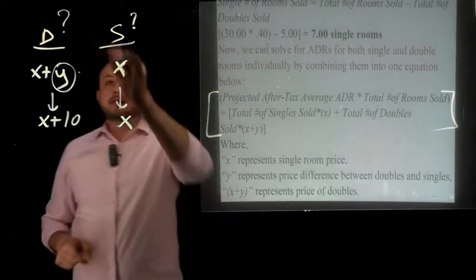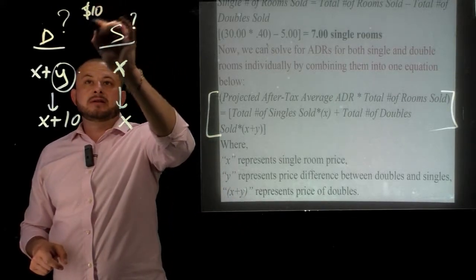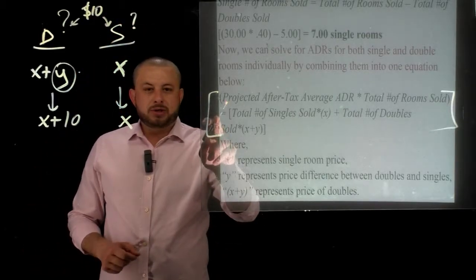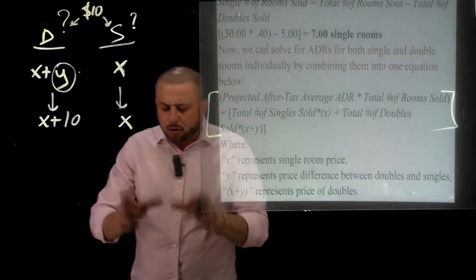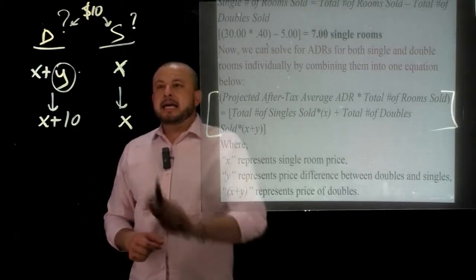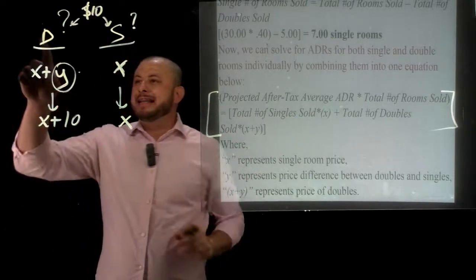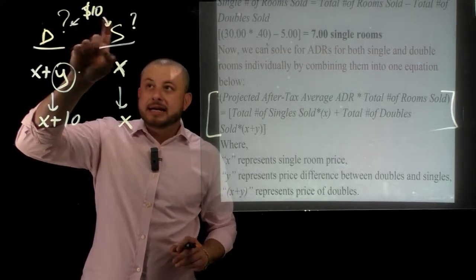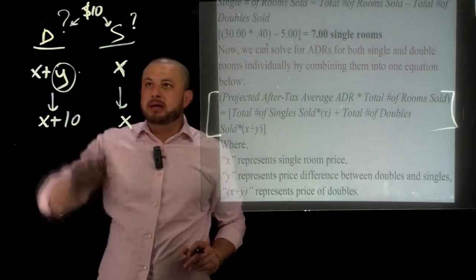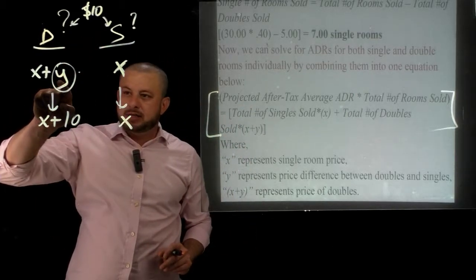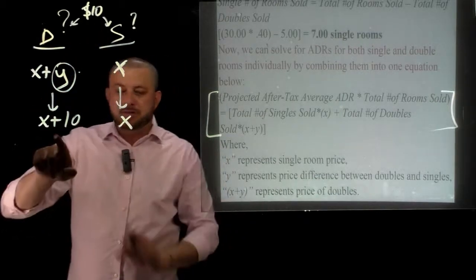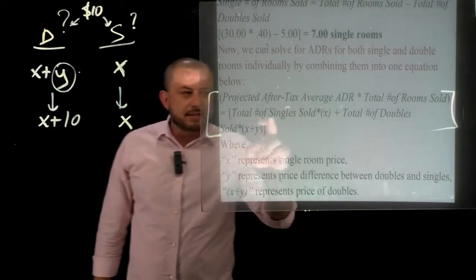In this case, the price difference is 10 bucks, correct? Again, this equation is only good for if the ADR for singles and doubles is based on a dollar value difference. Okay, guys? In this case, I can use this equation because I know that my Y, the price difference between doubles and singles, is 10 bucks. Okay? X plus 10. So I'm going to utilize this guy right now.